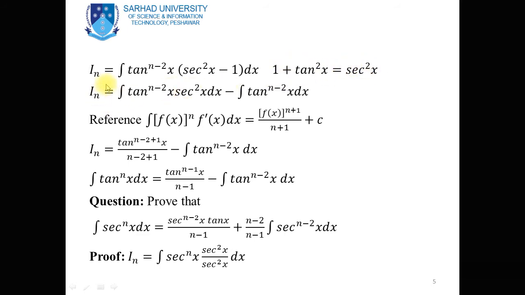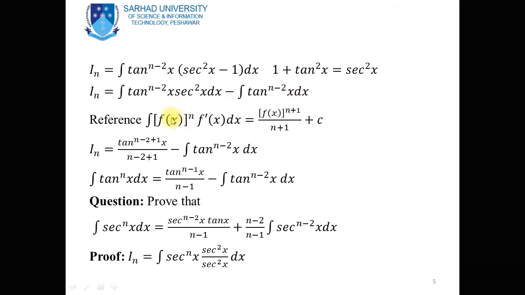Now I_n is equal to the integration of tan x power n minus 2 into sec square x. This is actually equal to the integration of tan x power n minus 2 into sec square x with respect to x minus the integration of tan x power n minus 2 with respect to x.